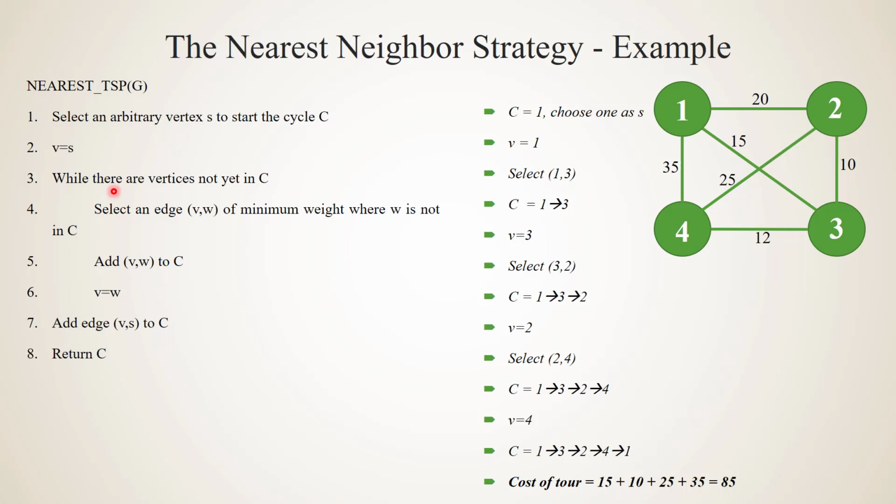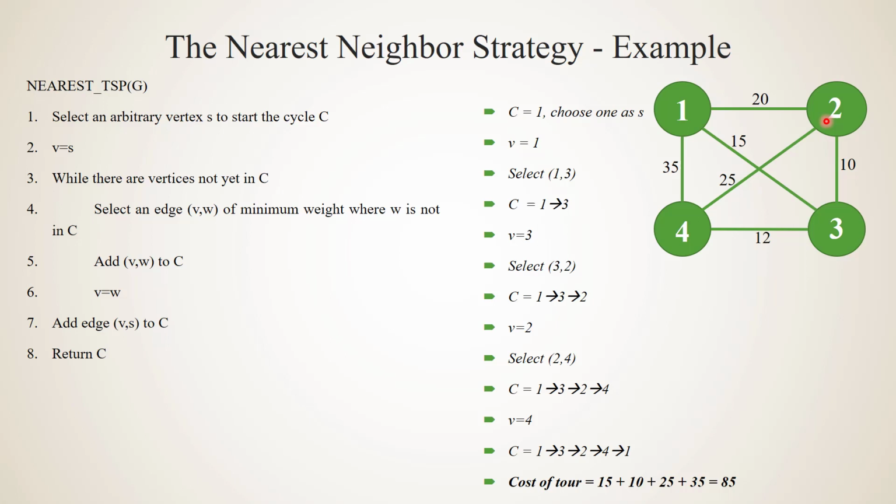Again, while there are vertices not yet in C: vertex 4 is not in C. So we have to find the minimum edge from 2. From 2, the minimum edge is actually 10, but it is going to 3, and 3 is already in the cycle, so we can't consider that edge 2, 3.